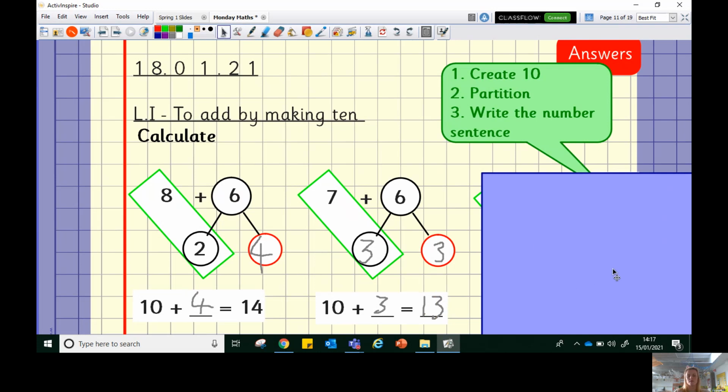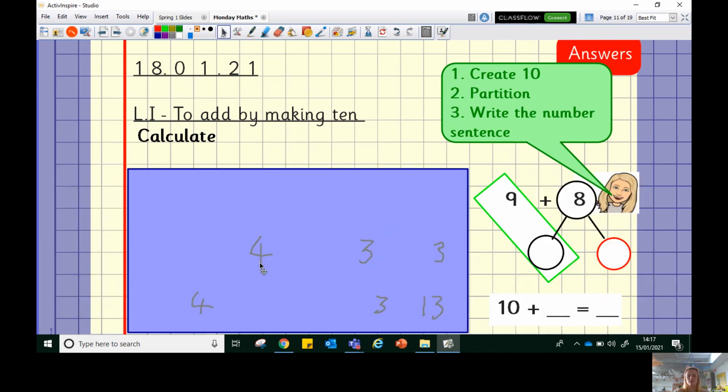Okay, good stuff if you're keeping up so far. Just rub those out. Okie dokie. Now we've got 9 plus 1. Now, first thing, what do I need to do? Create 10. So 9 plus something makes 10. 9 plus 1, good. Then I need to partition 8.